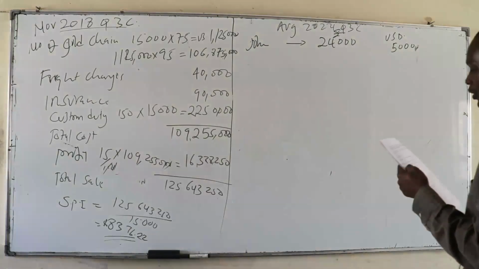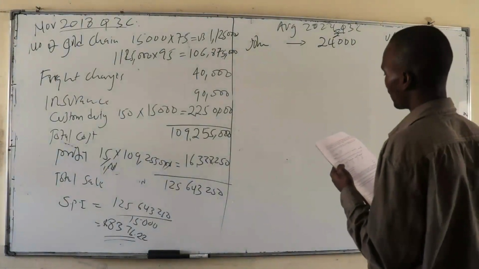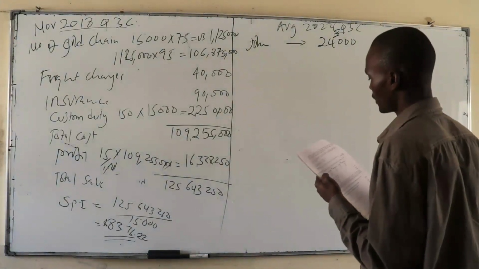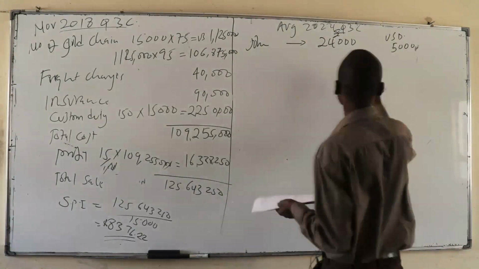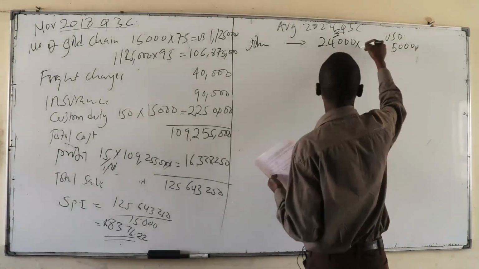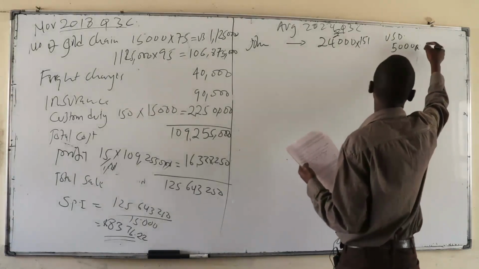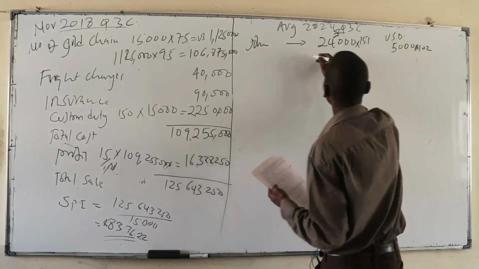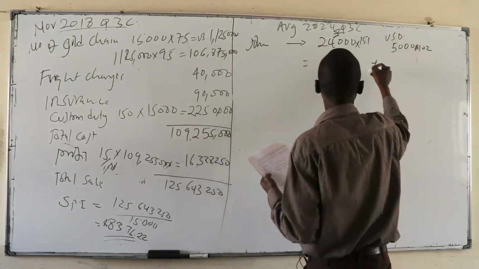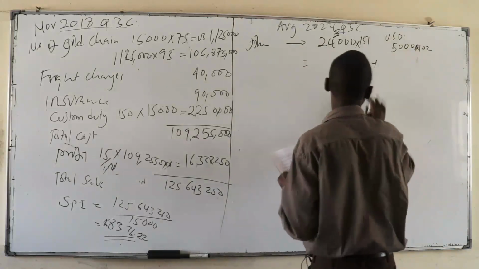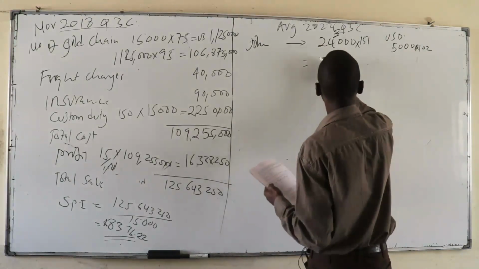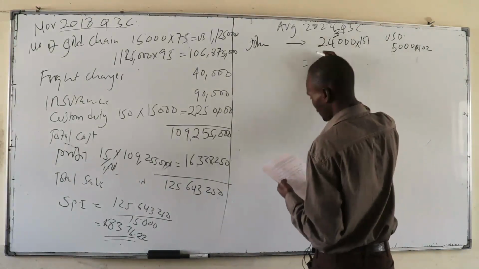He exchanged all the money into Kenyan shillings, paying a bank commission of 0.5%. Sterling pound multiplied by 151, and the dollar by 102. How much will it give you? Then you add all of them.